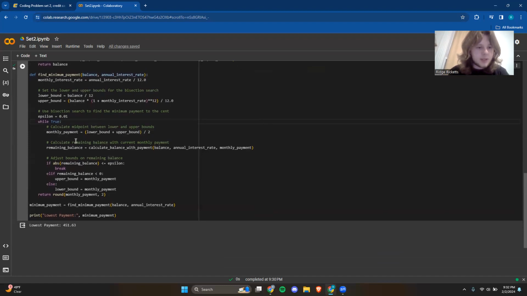And then we end up down here, and we have to adjust the bounds for the rest of it. The bisection search continues until the remaining balance is within a small epsilon value of 0. And the result is then printed as the lowest payment through here.